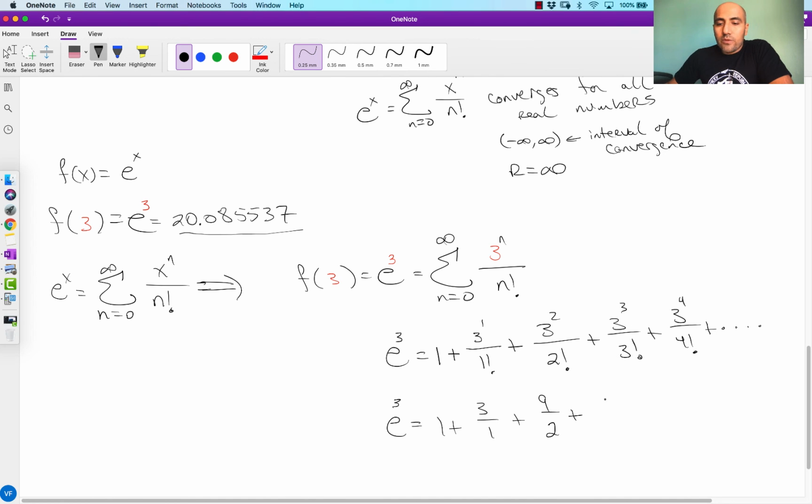Plus 27 over 3 factorial, which is 3 times 2, which is 6. Plus 81, since 3 to the 4th is 81, divided by 4 factorial, which is 24. Plus dot, dot, dot. Okay, so let's use our calculator to show that this is starting to get close to that. It's approaching that.